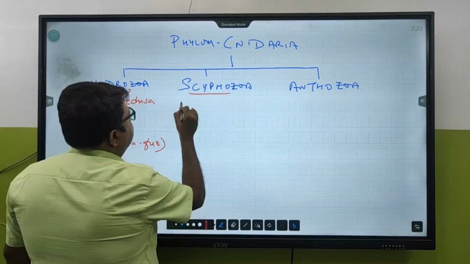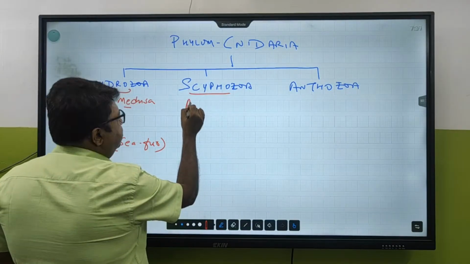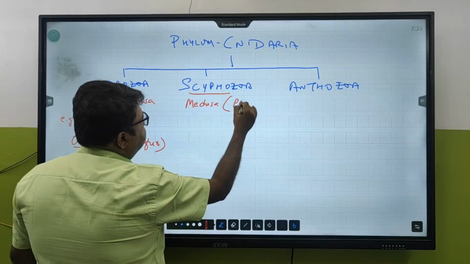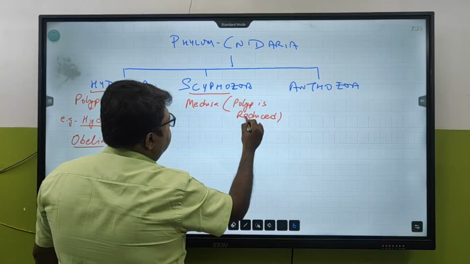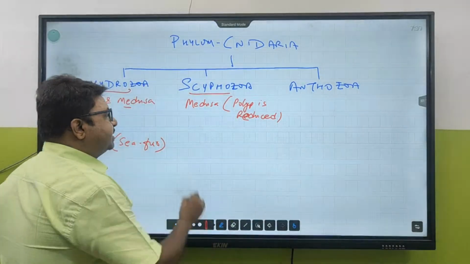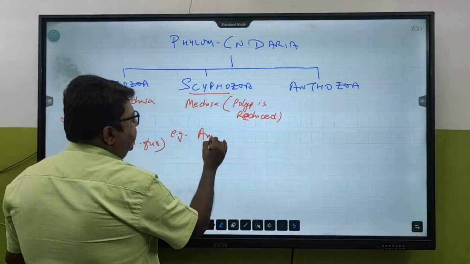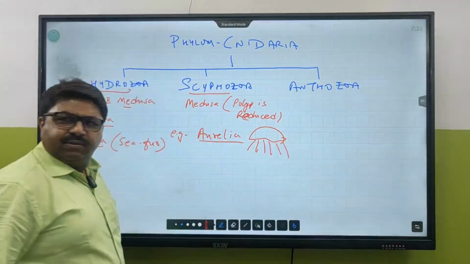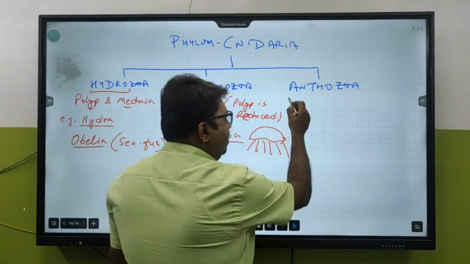In Scyphozoa, the dominant is what? The dominant is medusa. Medusa is dominant and polyp is reduced. Tell me the example of it. Definitely Aurelia. Come on. Aurelia is the best example of this.